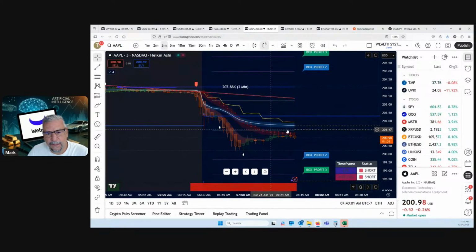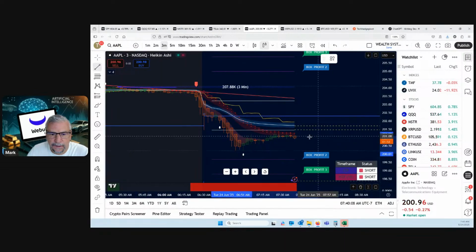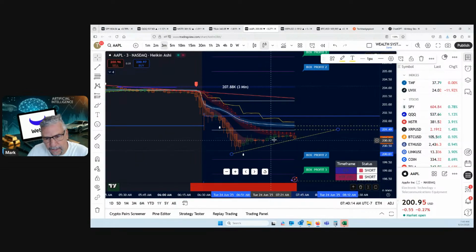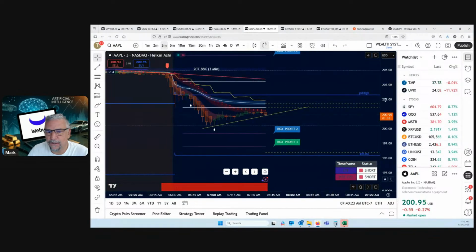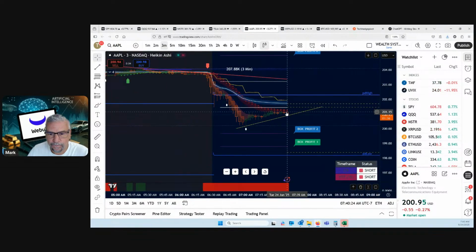It doesn't like being below the opening high, and looks like there's some consolidation there. If it cannot break through and decides to fail, then it can be headed towards a move down, maybe to box profit 3. So we'll see if it can overcome that.